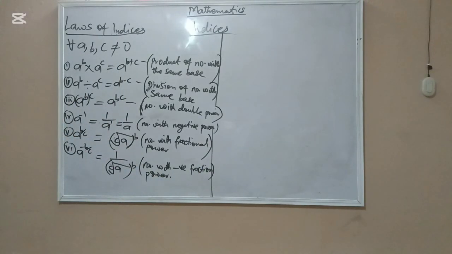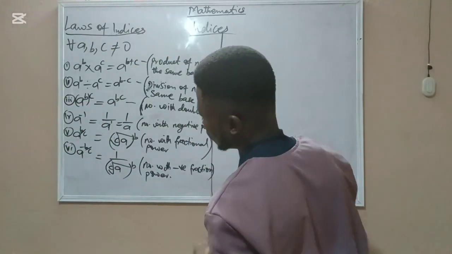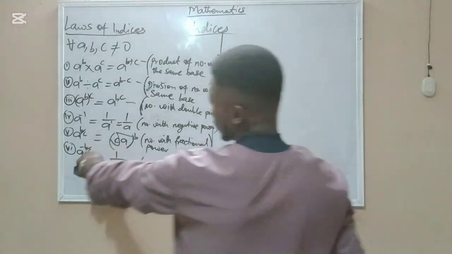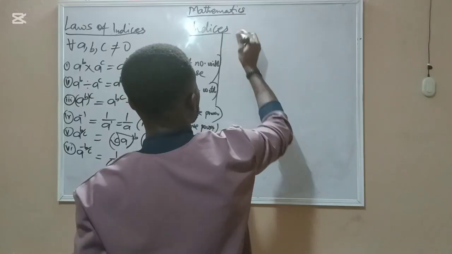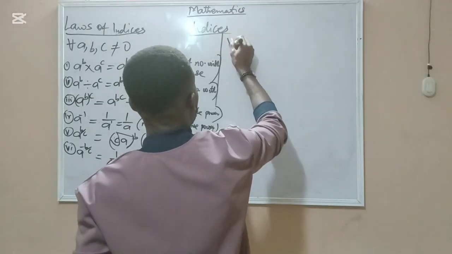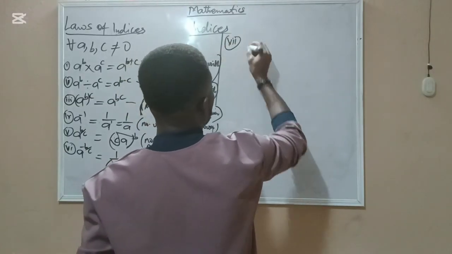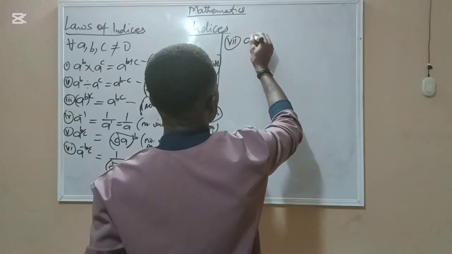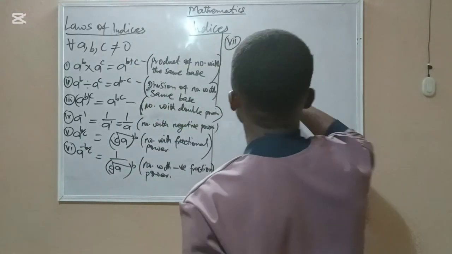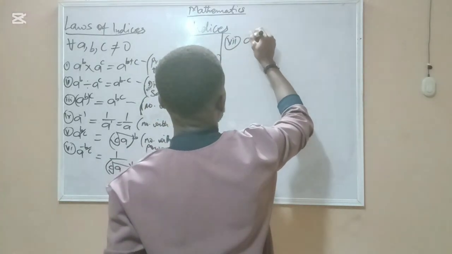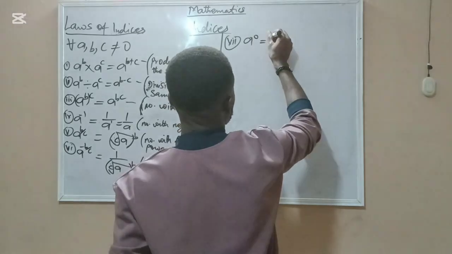Then we still have others. This one, number VII, says that A to the power 0, of course, is equal to 1.